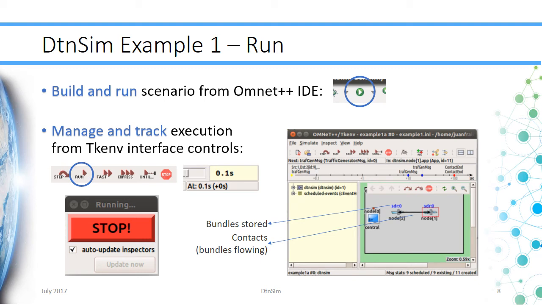And we can also keep track of the bundles which are stored in each node by this SDR blue label on top of them, where SDR stands for Spacecraft Data Recorder, which is generally a common name in the satellite community to name the storage of each satellite.